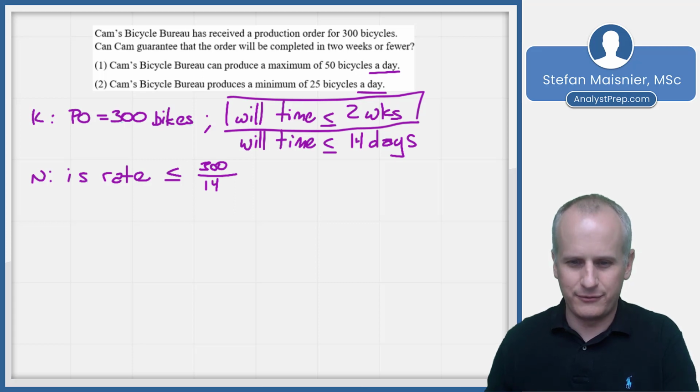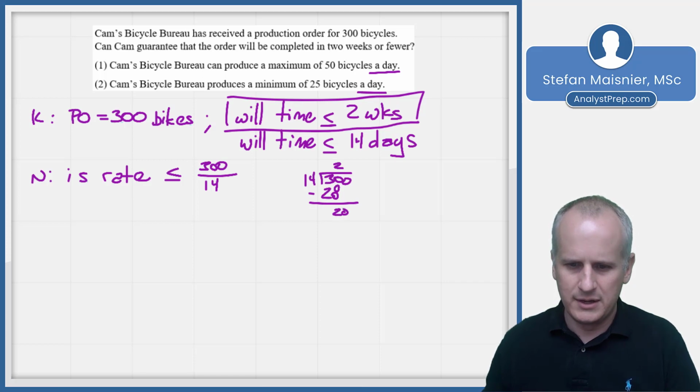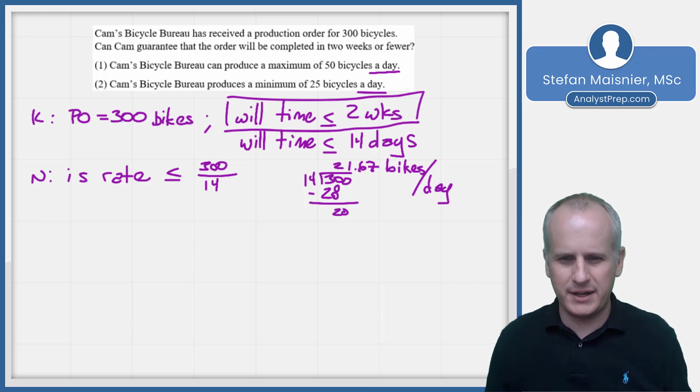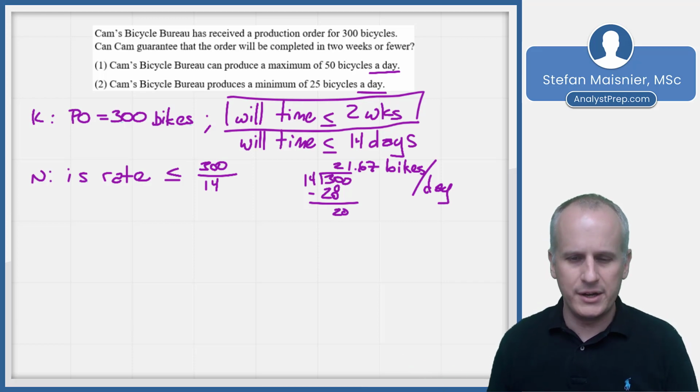Or if we do 14 into 300 here, 14 goes into 300 2 times, subtract out the 28. We then have a 20. We've got 1, and it's basically going to be 21.67 bikes per day. Because if we get over 21.67 bikes per day, then we know that we've reached the target rate for Cam's Bicycle Bureau.